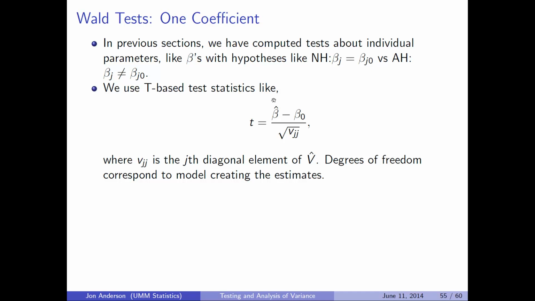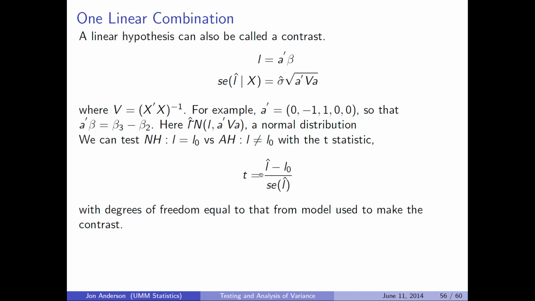And you can construct a t-statistic using the beta estimate, beta hat j, subtract off the beta j naught, and divide by the appropriate standard error, the square root of the variance matrix entry. And those are t-statistics like we have used in our class.